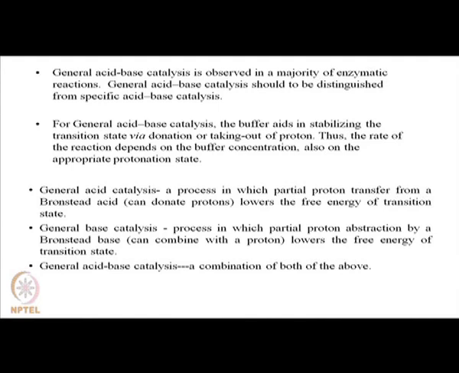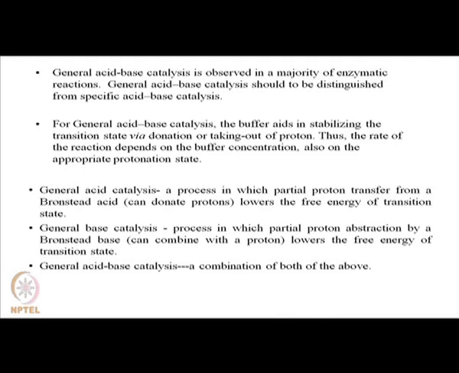Now, general acid base catalysis is observed in a majority of enzymatic reactions. General acid base catalysis should be distinguished from specific acid base catalysis. For general acid base catalysis, the buffer aids in stabilizing the transition state via donation or taking out of a proton. Thus, the rate of reaction depends on the buffer concentration for general acid base catalysis, and also on the appropriate protonation state.